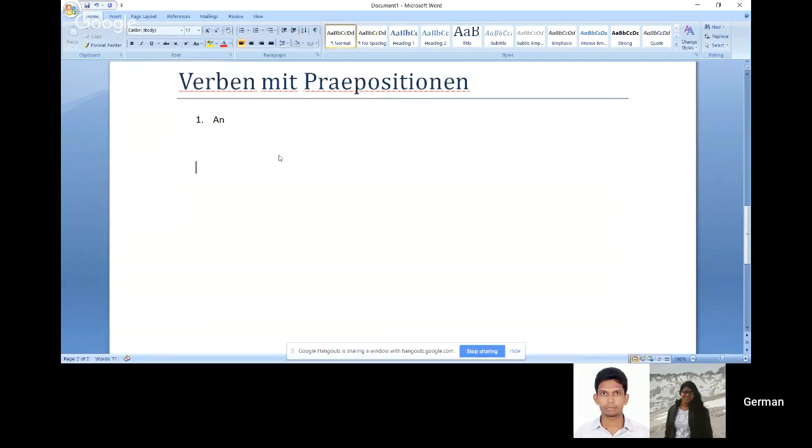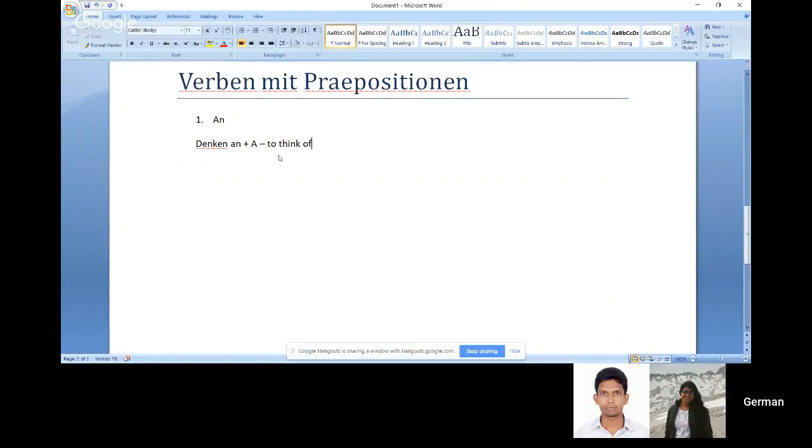An is the first preposition which is associated with a few verbs. Denken, denken an, plus accusative means to think of.